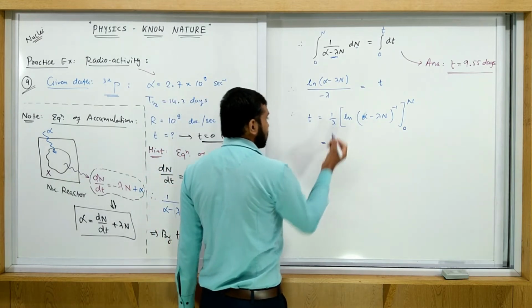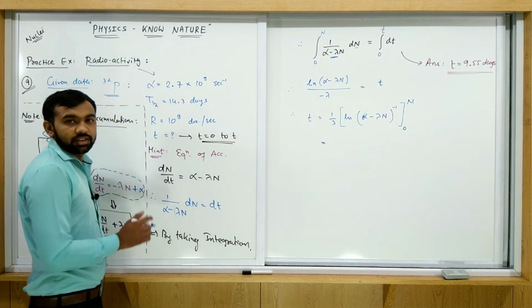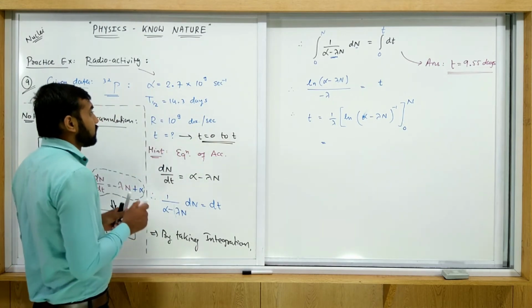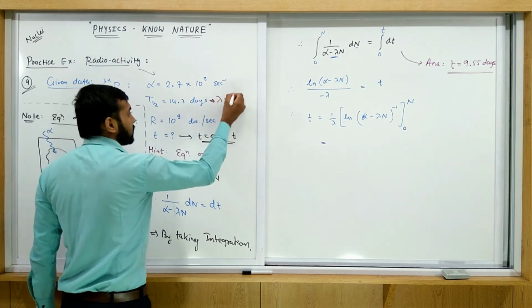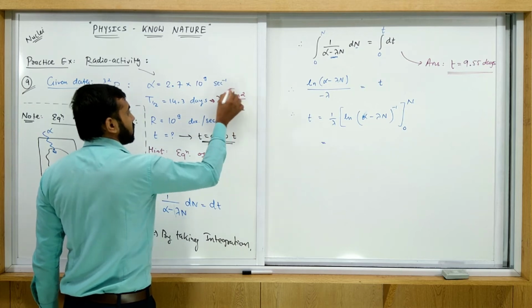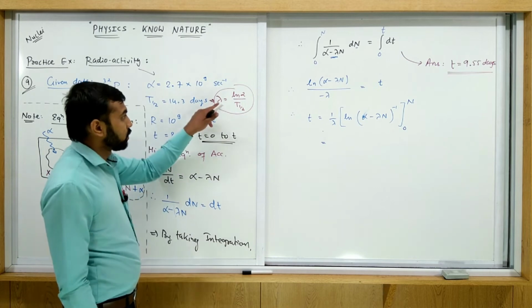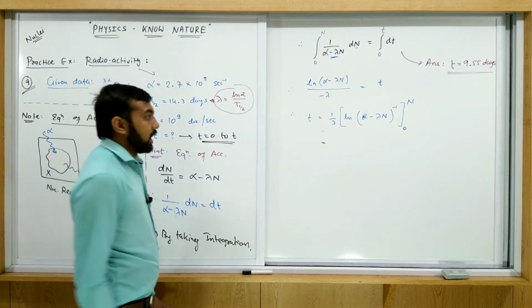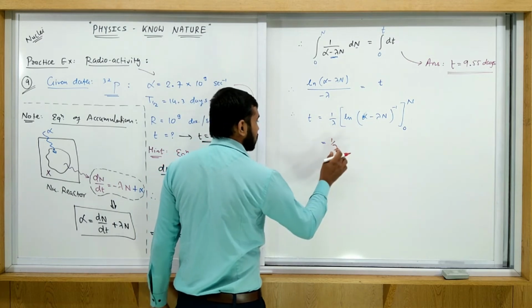What is lambda? Lambda is not given, t1/2 is given, so convert t1/2 into lambda: lambda is equal to ln 2 upon t1/2. Put this value here and you get the answer. I am not putting it in, but you can try to solve this problem by yourself.